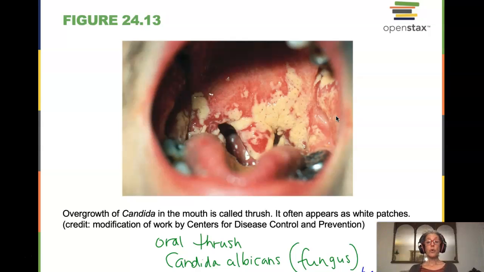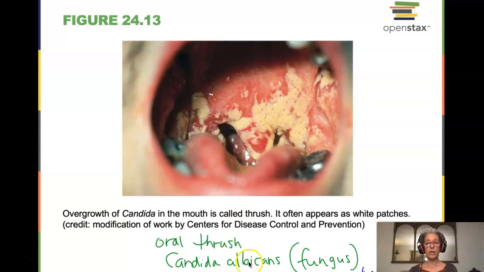This is a picture of oral thrush, which is a yeast infection. We saw that in the genitourinary system diseases, because it is a common vaginal infection. But if it's in the mouth, it's called oral thrush. The white patches are the overgrowth and colonies of the yeast in the mouth.